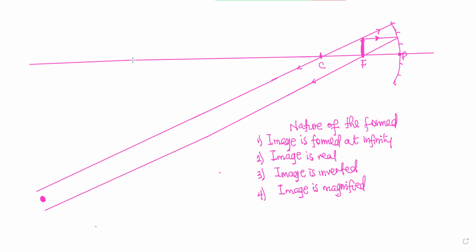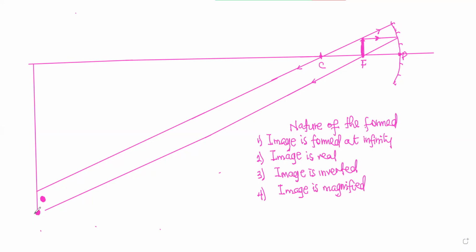So if that point is infinity, then the image, I said the foot of the image and the object is always on the principal axis. So if we are to draw the image, this is how the image will look like. Where they are meeting is the head of the image. So it means that the image is here.